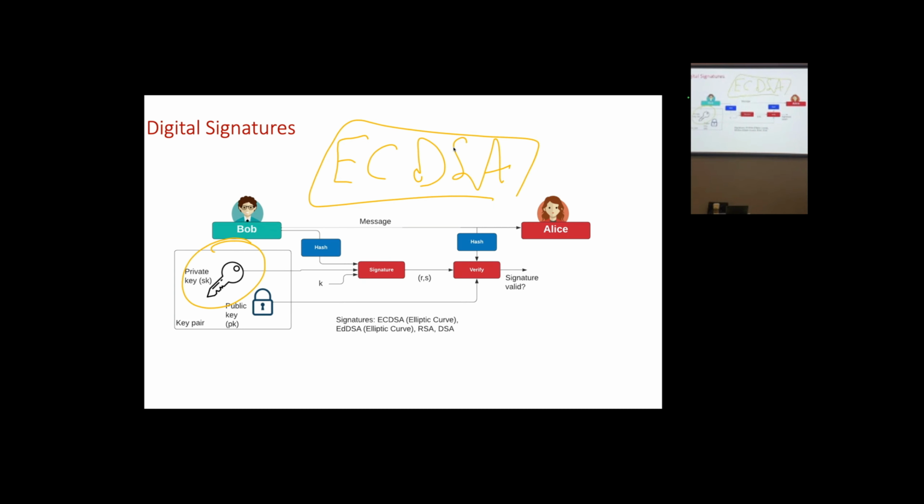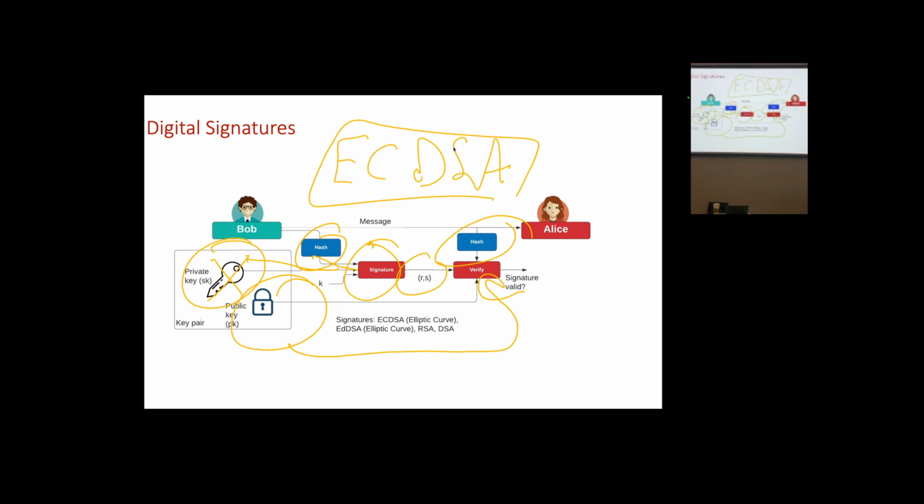Bob signs a hash of the message to create a signature, which, if you're interested, creates an R and an S value. He sends the signature over with the message. Alice takes a hash of the message too, and then uses Bob's public key to verify the signature. In this way, we can prove that it was Bob who actually signed the message. As long as Bob's private key isn't compromised, then everything's fine. Only he can actually have that private key.